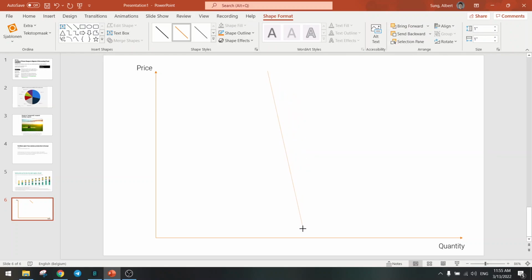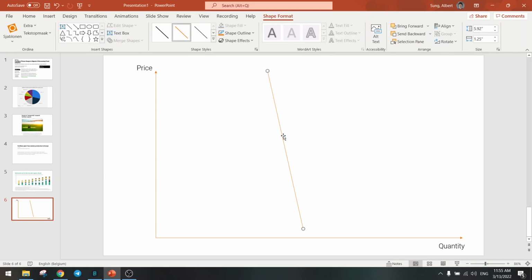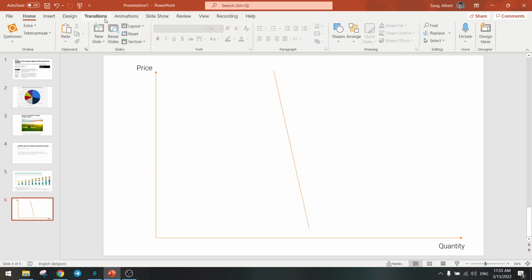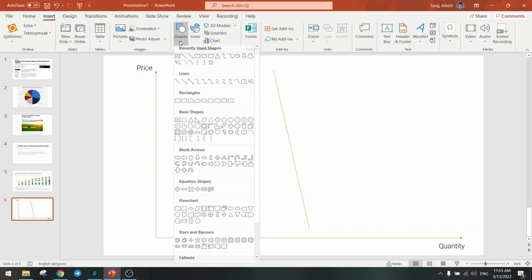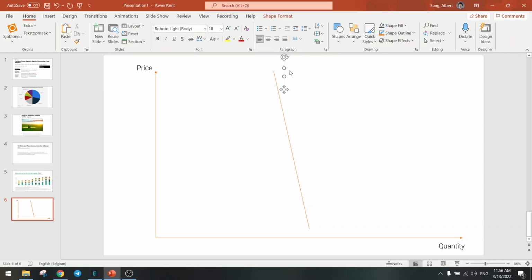So this is the demand curve, inelastic. So the quantity is almost the same, right? So this is the demand curve. Let's add some tag to that. This is the demand curve.